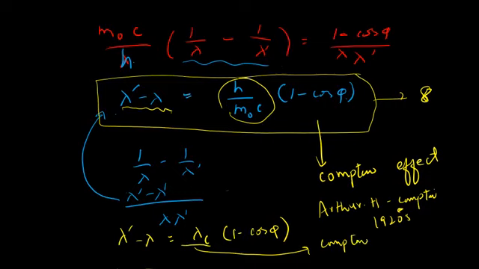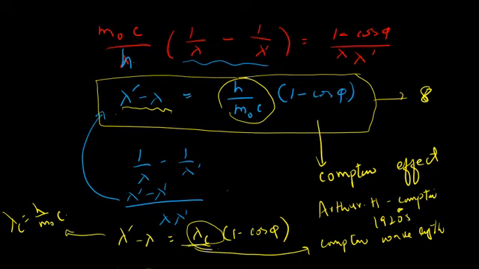This is the Compton wavelength. The wavelength gets shifted by this factor, which is called lambda c. So lambda c, the Compton wavelength, is equal to h over m naught c.